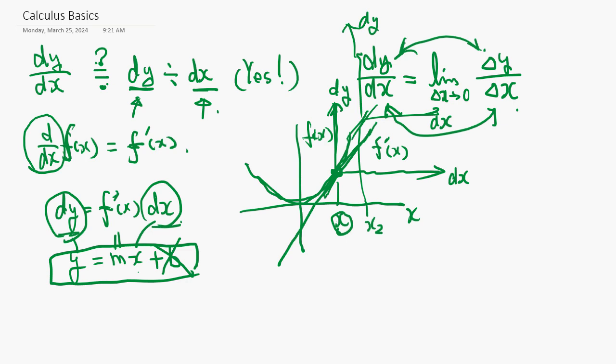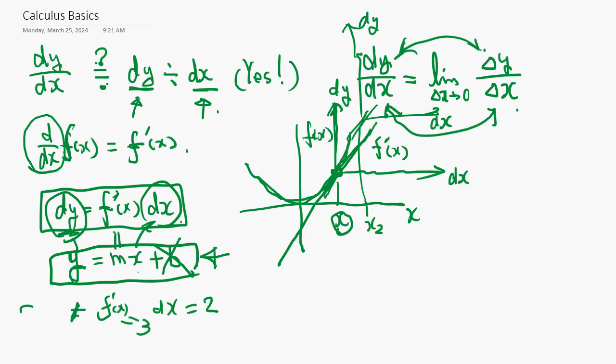Slope is m, right? The y equals mx plus b, you learned that in algebra, right? This is actually the equation. So if dx is 2 and the slope at x is 3, then dy is 6.